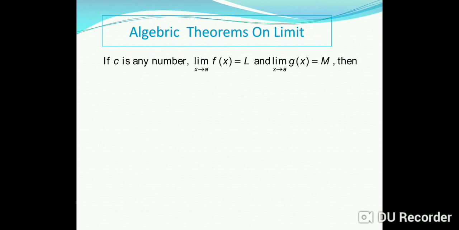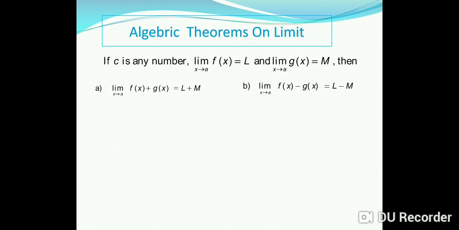Now we consider the algebraic theorems on limit. If c is any number, limit of f of x as x tends to a is equal to L, and limit of g of x as x tends to a is equal to m, then A, limit of f of x plus g of x as x tends to a is equal to L plus m.